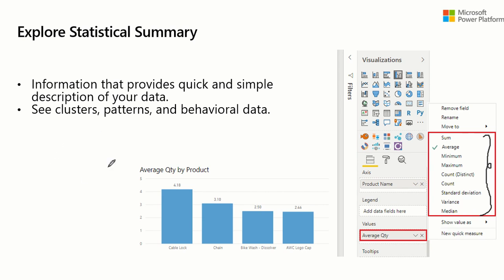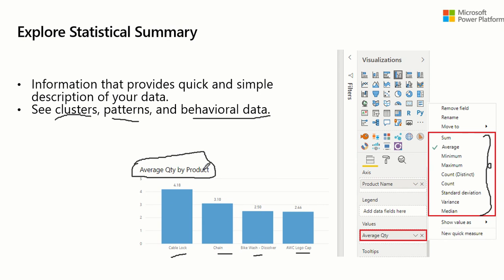So with this, we can see clusters, we can see pattern, and we'll be able to see some behavioral data if we use it. So an example here is to create a visualization for average quantity by product. Here the products are listed as your columns, and then you can now see the average quantity of cable lock, average of chain.